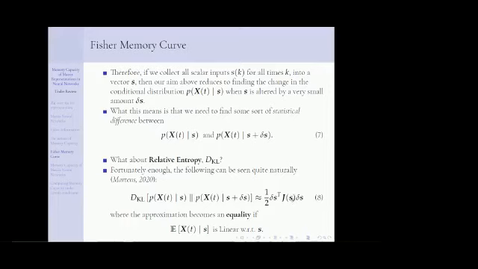And what this Fisher information matrix JS tells us about is the information contained in the current state, parameterized by all the previous inputs.